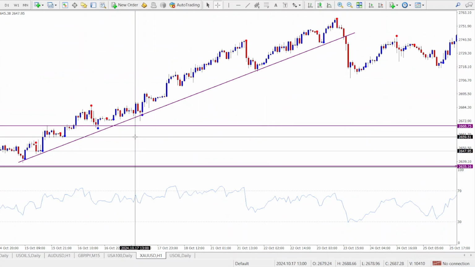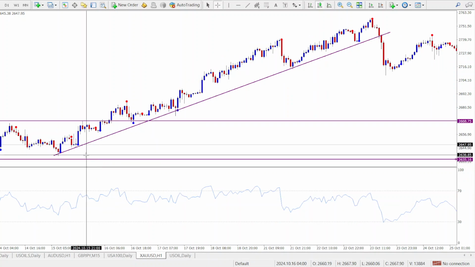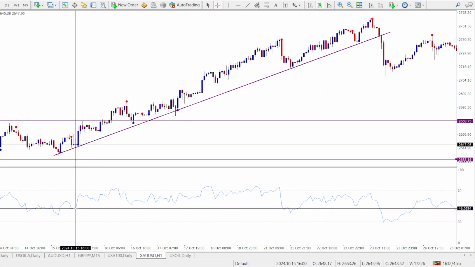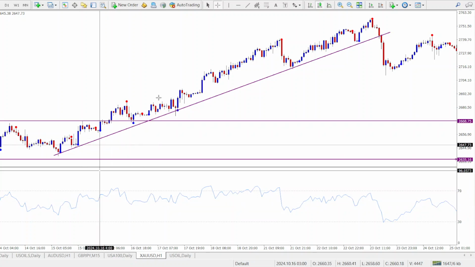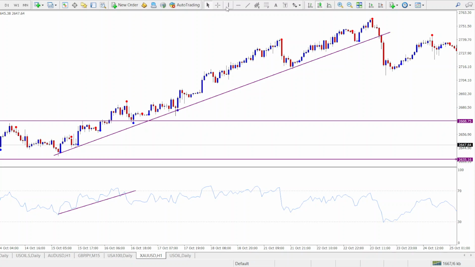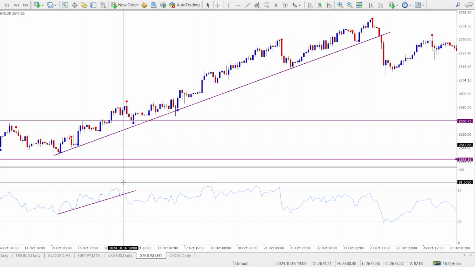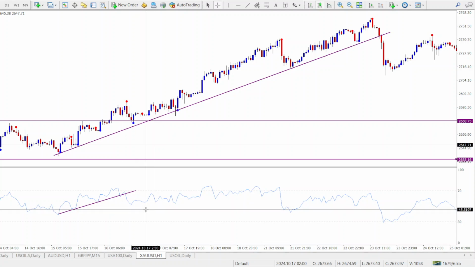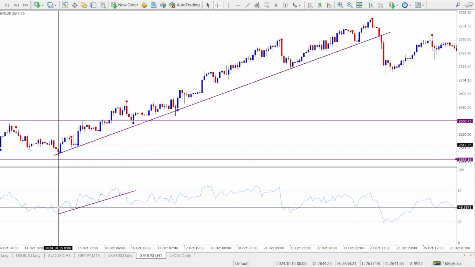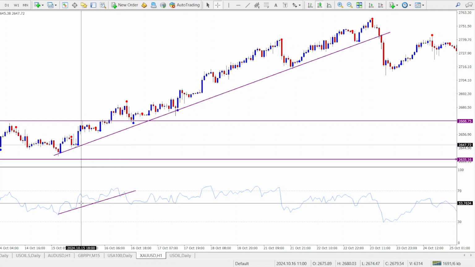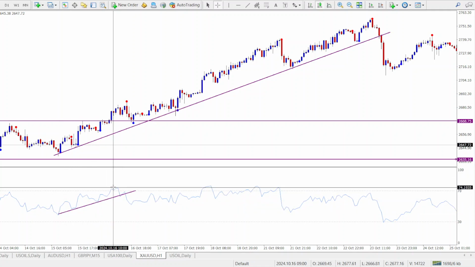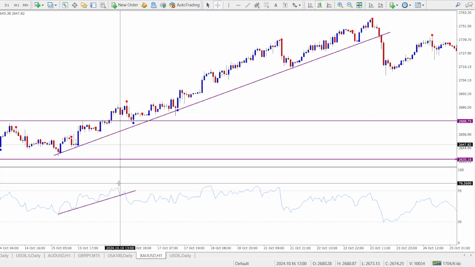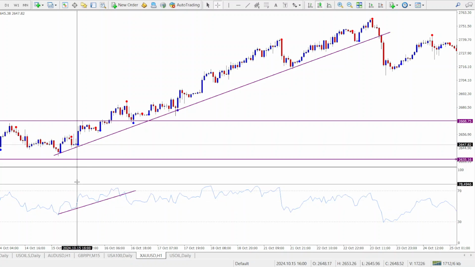But let us go to a trending market, and we can see that all the way from this point, all right, to this point, the RSI was trending upwards until it entered the overbought territory. Then during the period of this pullback, you can see that the RSI dropped down, and then there was a continuation. So along this line, you can be in a buy trade until the RSI entered overbought territory, or you can be getting your confirmations.